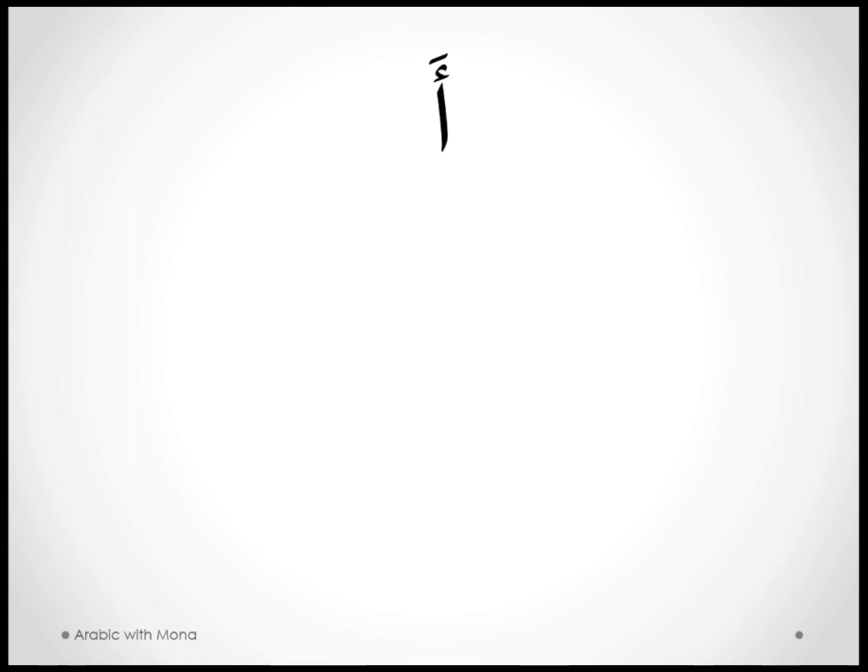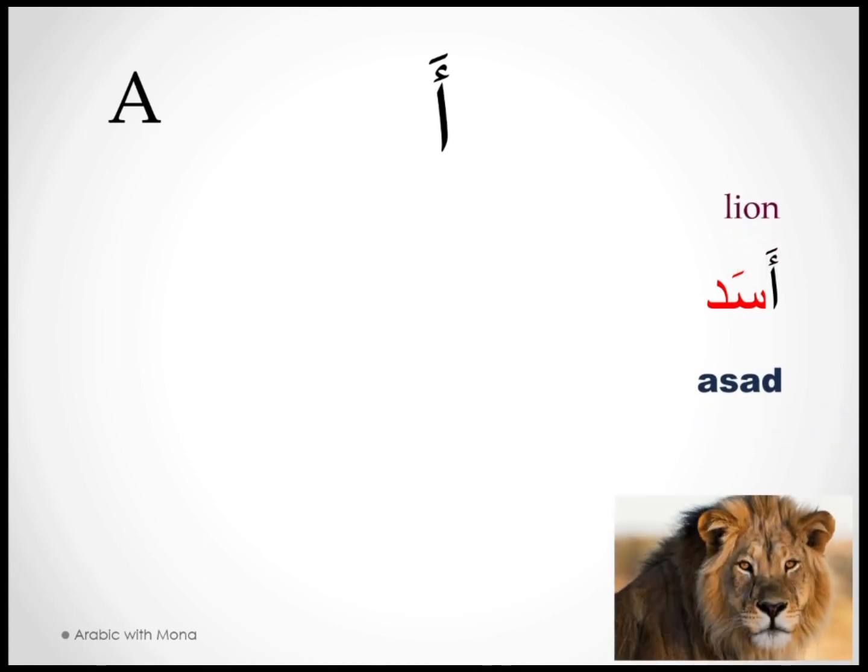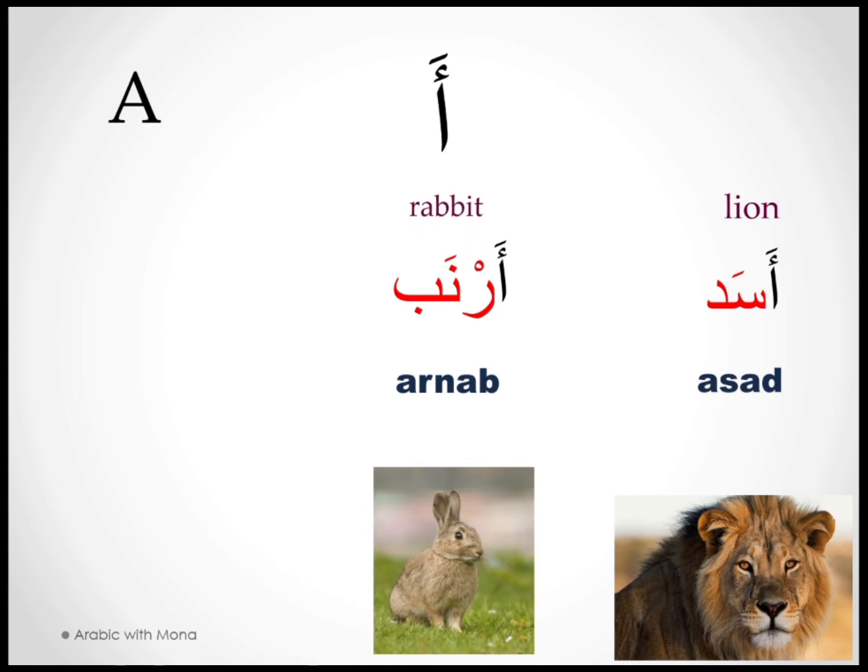Examples for Alif fatha: Asad, which is lion. Arnab, a rabbit.